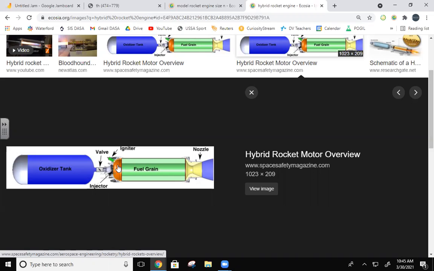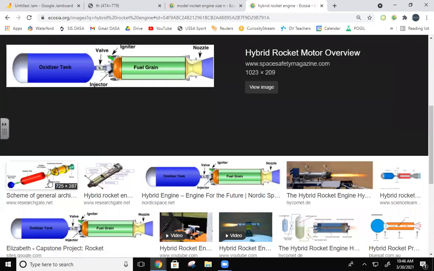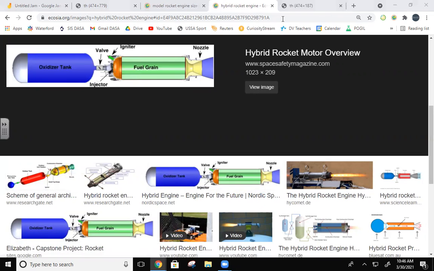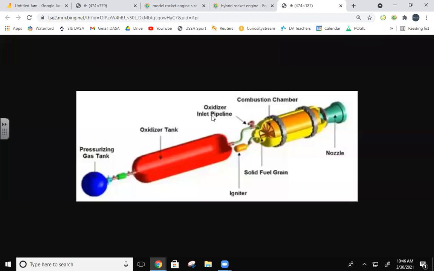You don't have to worry about the fuel grain catching flame on itself. The fuel grain cannot catch flame on its own because there's no oxygen for it. So this is a really simple setup.